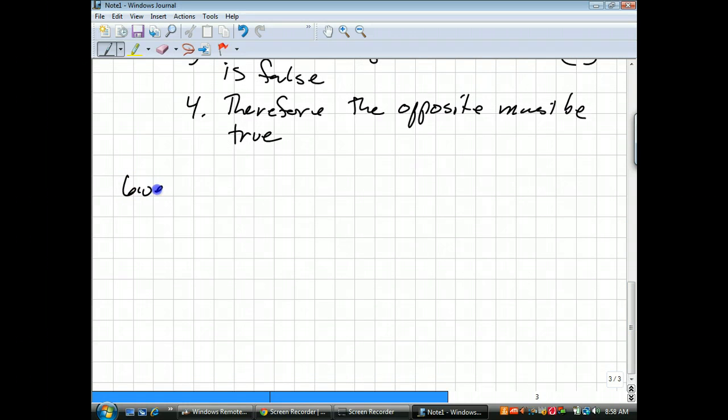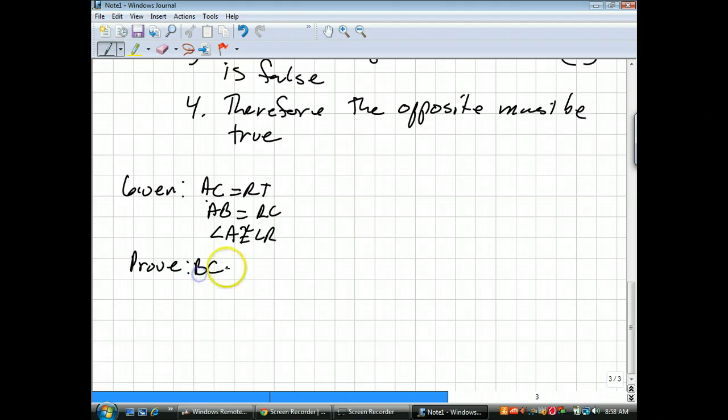So given length of AC equals length of RT, and length of AB equals length of RS, and angle A is not congruent to angle R. Prove that length of BC is not equal to length of ST. Okay, and here's our picture.